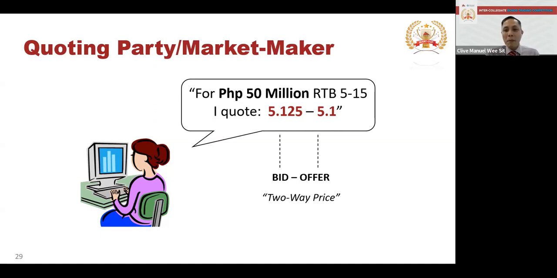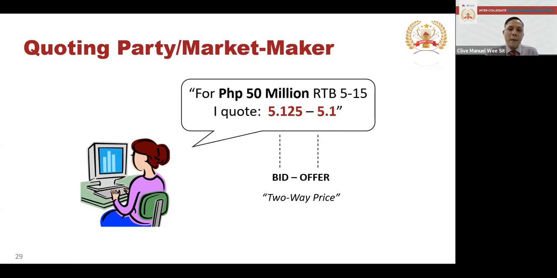Once the quoting party quotes, you, as the calling party who asked for a quote, can say mine, meaning I'm going to buy the 5-15 at 5.1%, or yours, meaning I'm going to sell at 5.125%. And it's clear that the volume is 50 million, and we're specific to the security RTB 5-15.